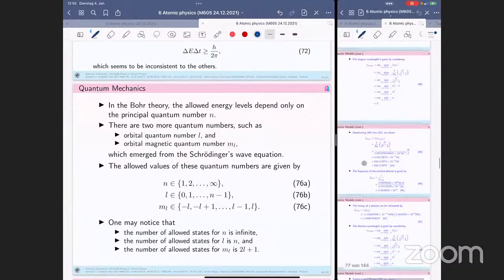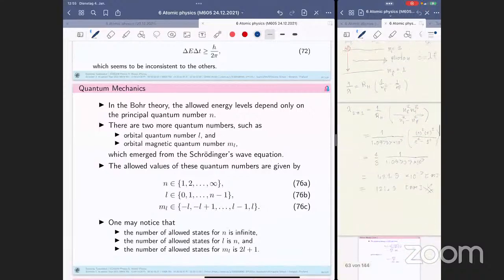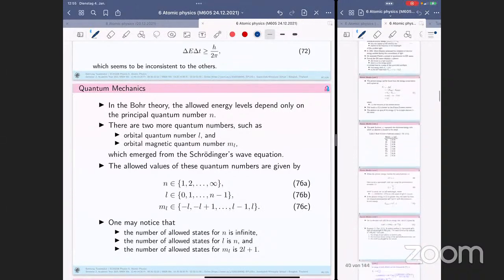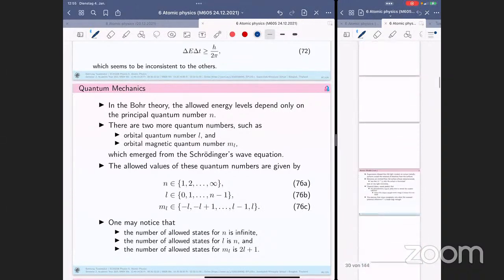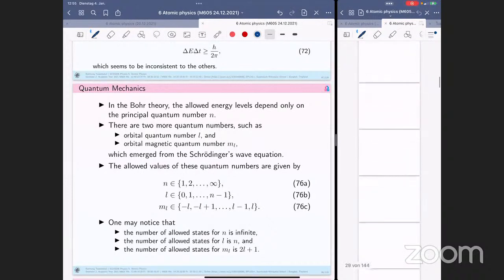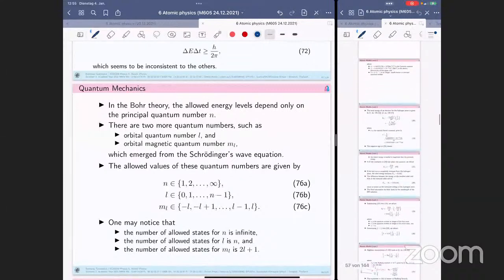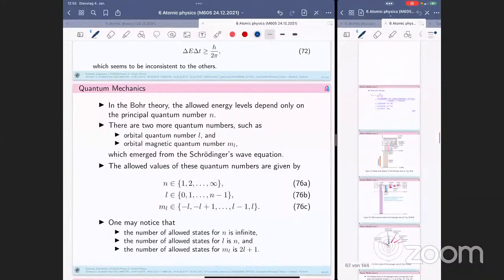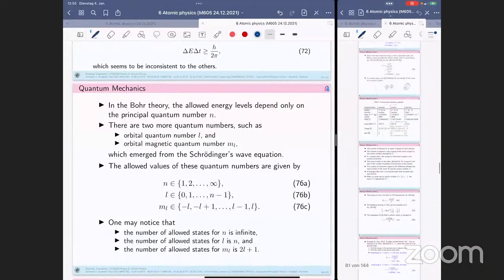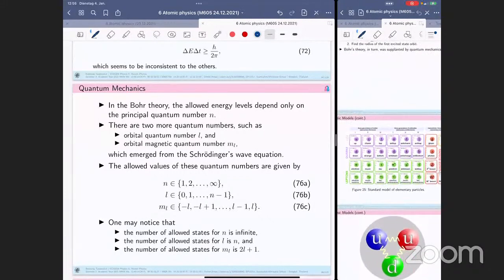In this table, you have already seen that quantum number. Oh no, where is that? Here in this table, right? What is that?